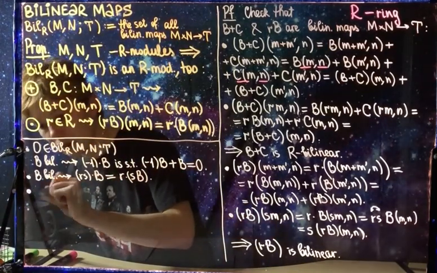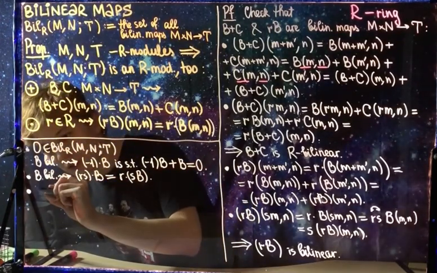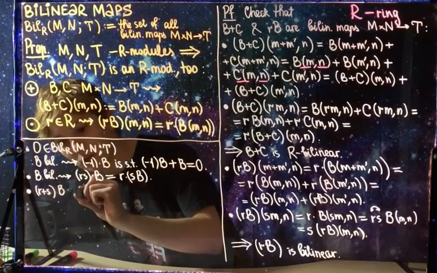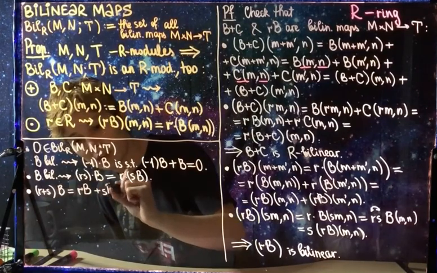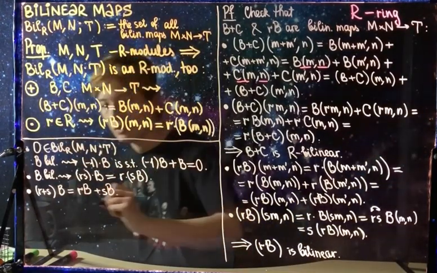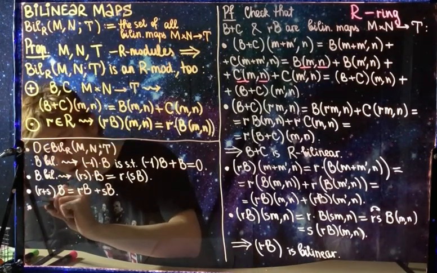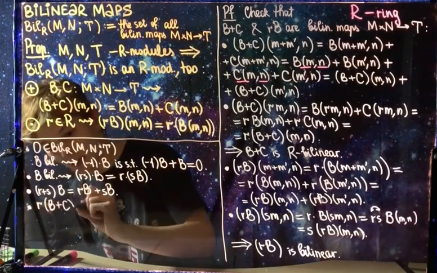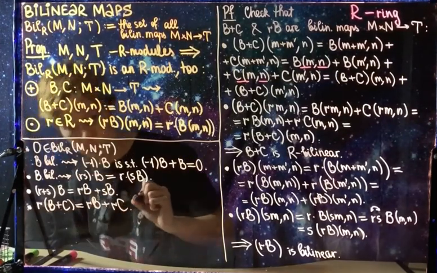And the final check is that if we have two scalars, r plus s, applied to B, this should be equal as a bilinear form to rB plus sB. And distributivity in the other direction is that if we have two bilinear forms B and C, then r times B plus C is equal to rB plus rC.